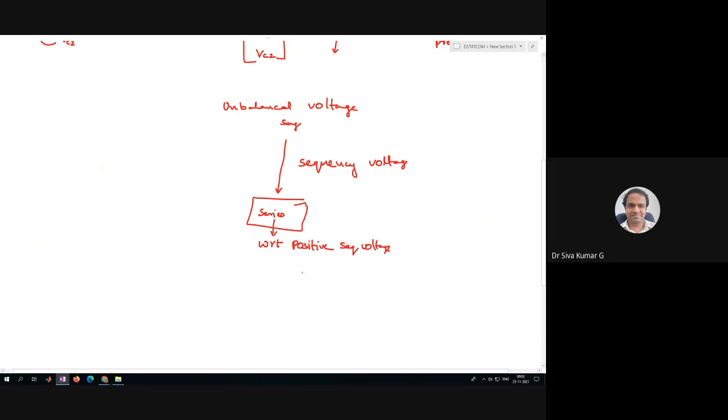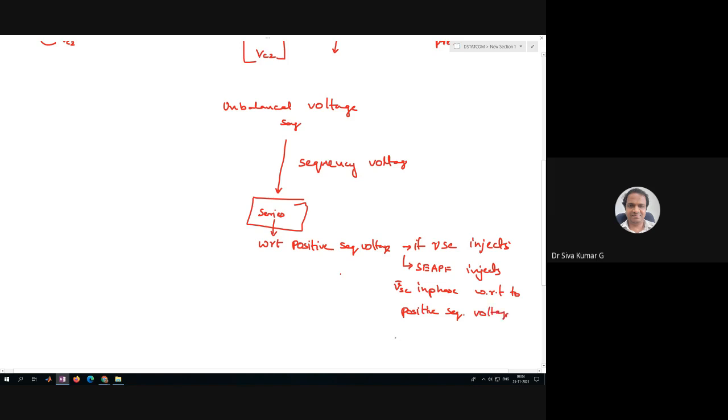If the VSC or a series active power filter injects voltage, what I meant to say is that the series active power filter injects voltage, that is VSC, in phase with respect to the positive sequence voltage.